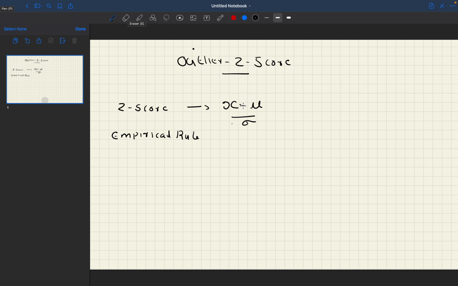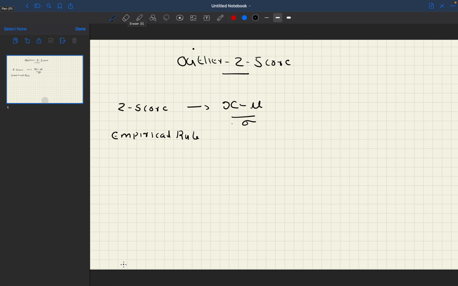So if a data point's Z-score is 2.5, that means it is 2.5 standard deviations away from the mean. If the Z-score is 0, the data point value and the mean value are the same.